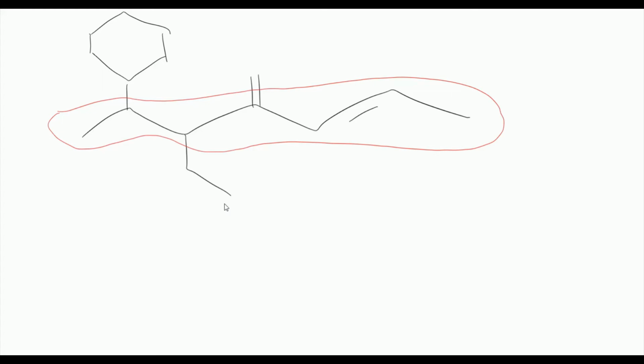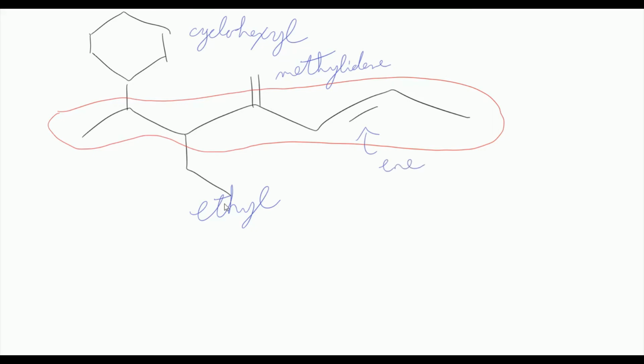In terms of numbering, well, we'll worry about that later. First, we need to name our side chains, okay? And naming them is going to be pretty much exactly the same. Cyclohexyl, methylidene, ethyl, and this here is a double bond.